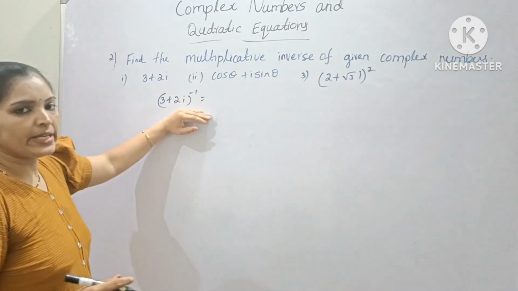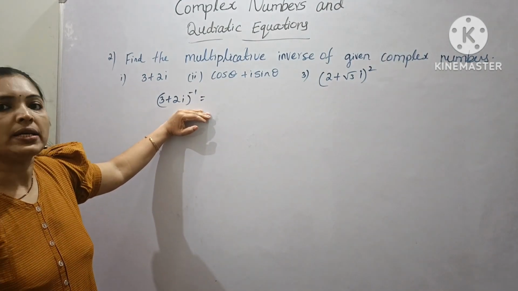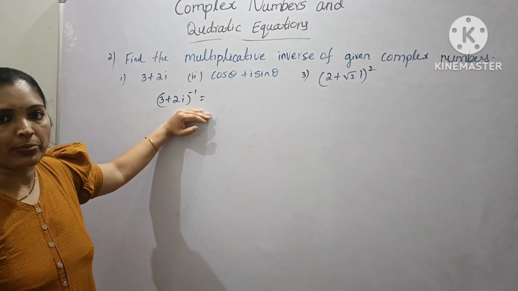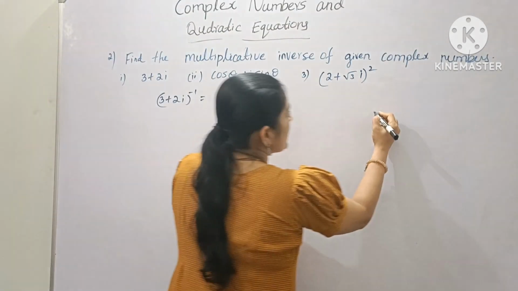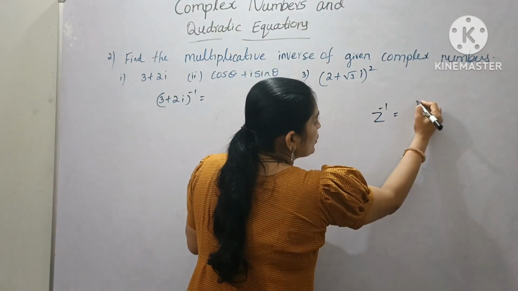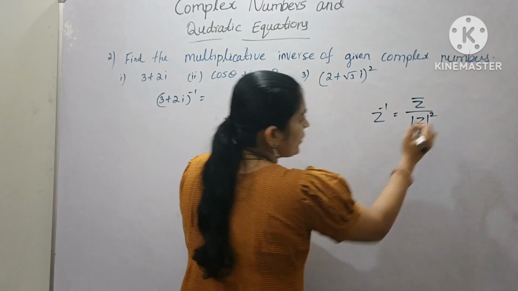We know that if z is a complex number, its multiplicative inverse is nothing but z conjugate divided by modulus z squared, right? That is, z inverse is equal to z conjugate divided by |z|².